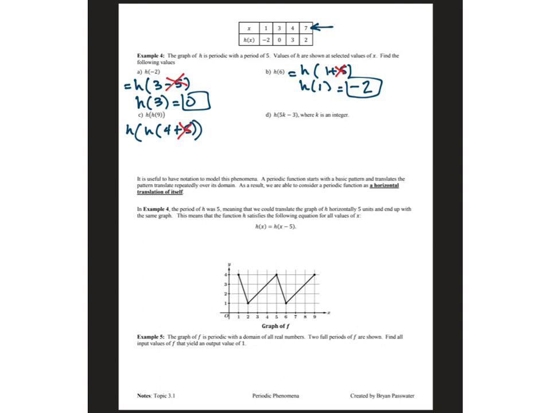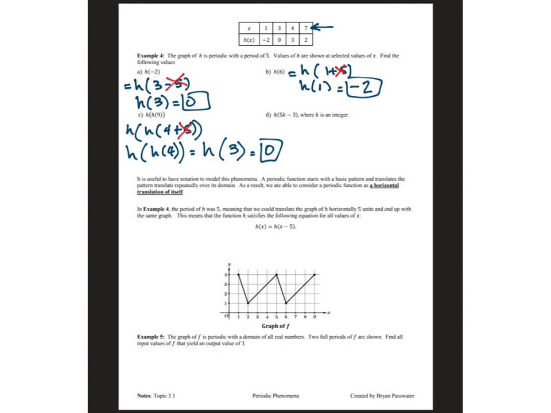H of 9 is going to equal H of 4, which is 3. So now I'm looking at H of 3, which is, it's not 4. Oh, 0. I was looking at the wrong one. H of 3 is 0. So H of 9 is 0.